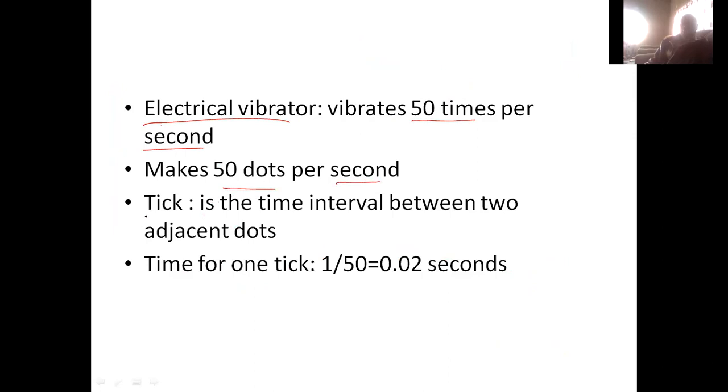Therefore, the time interval between one dot and another dot which is engraved, for example if this is dot A and this is dot B, the time interval between dot A and dot B, which are adjacent, is known as a tick. This is very important. A tick is not a dot, but the time interval between two adjacent dots.